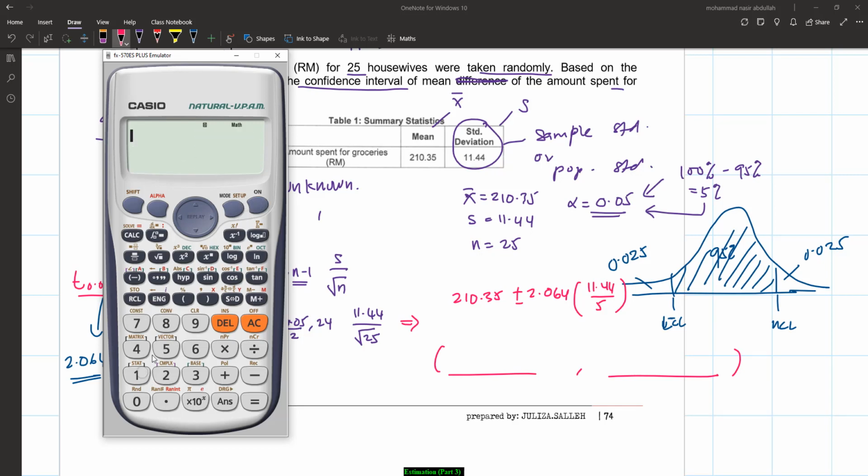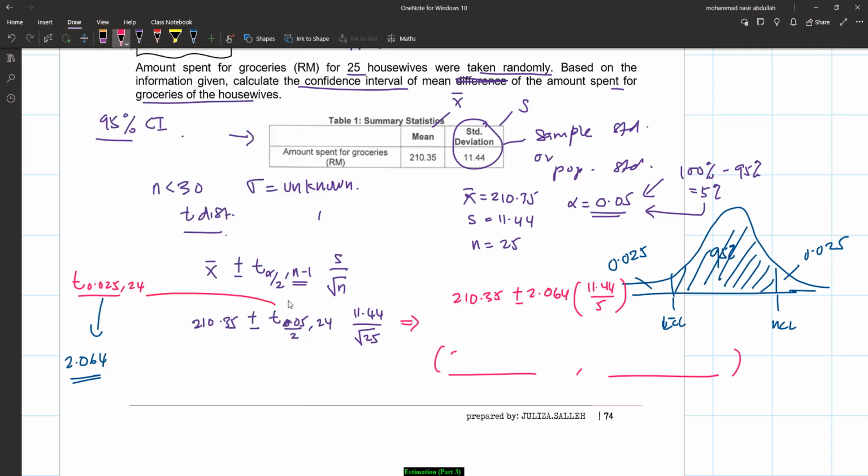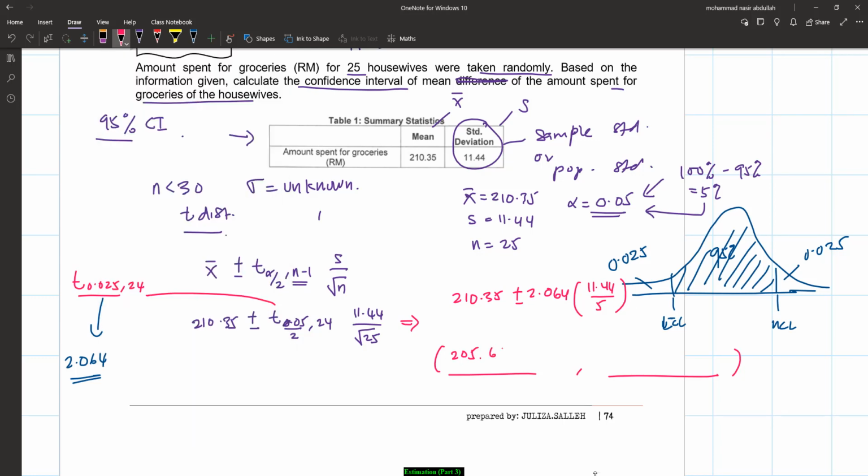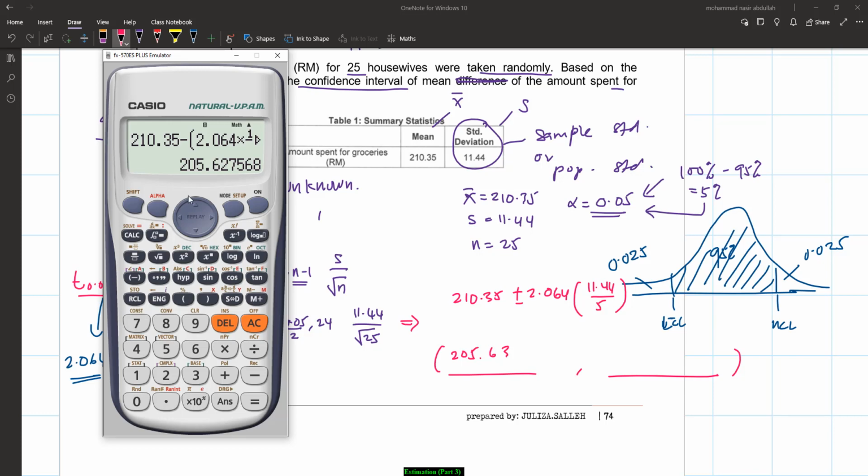Let's say I use this one. 210.35 minus dalam kurungan 2.064 multiply with 11.44 and divide by 5. Tutup kurungan. So we will get 205.63 lah, right, for the lower confidence interval.